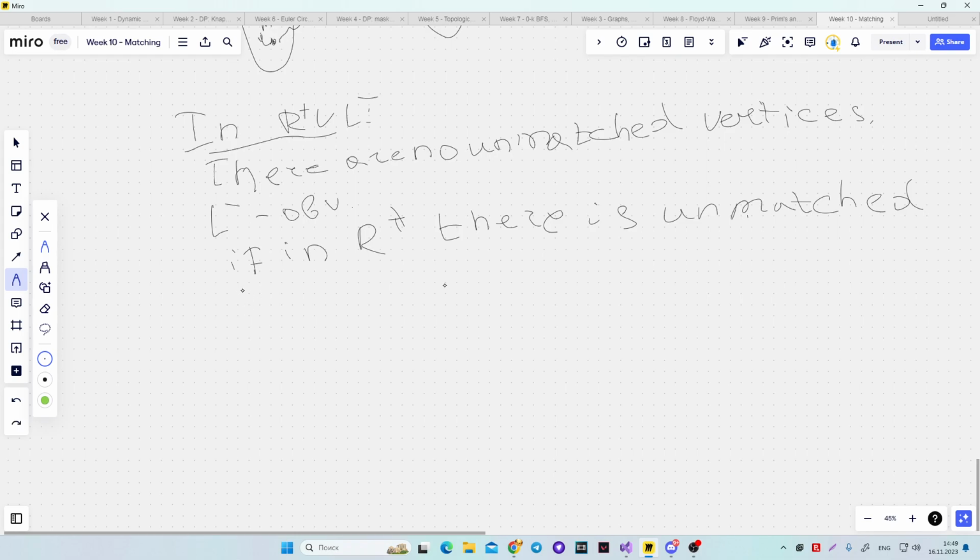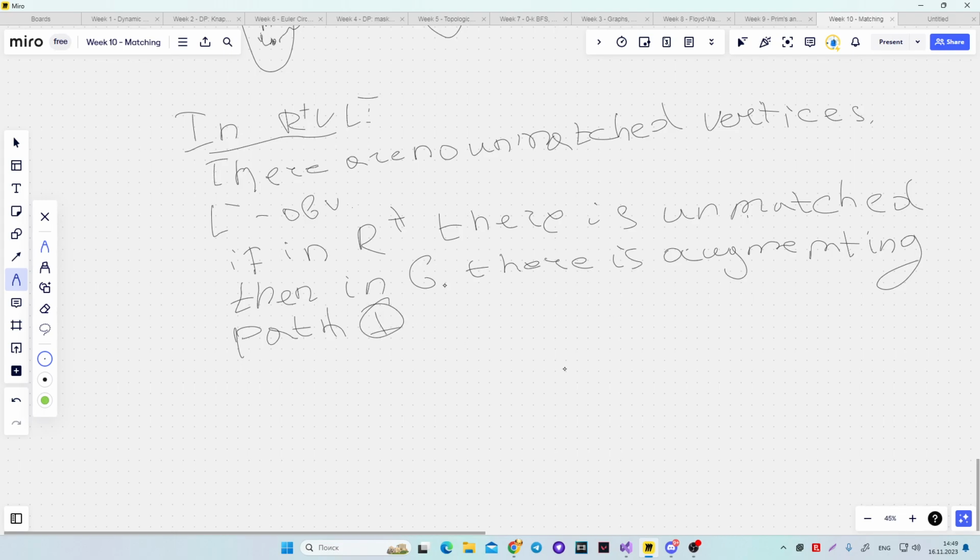Then in G there is an augmenting path. That's not true.